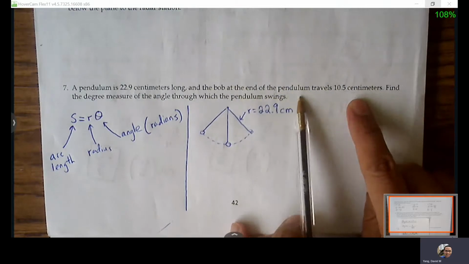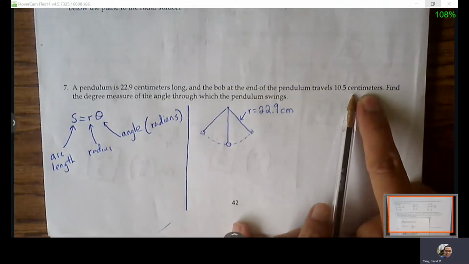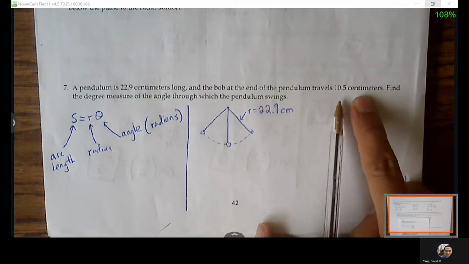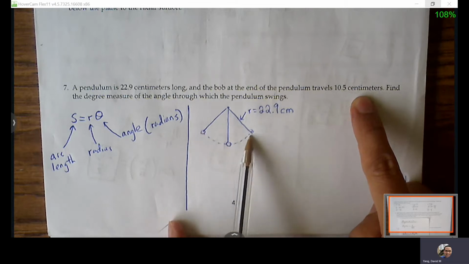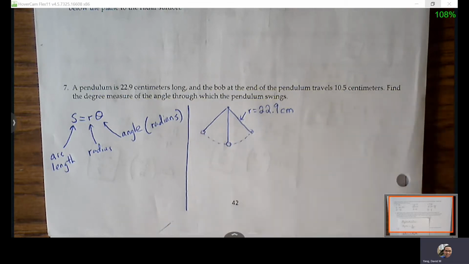Okay, the pendulum travels 10.5 centimeters. Which part of this diagram is this going to be a part of? Yeah, this path, this curved path. Distance is your arc length.